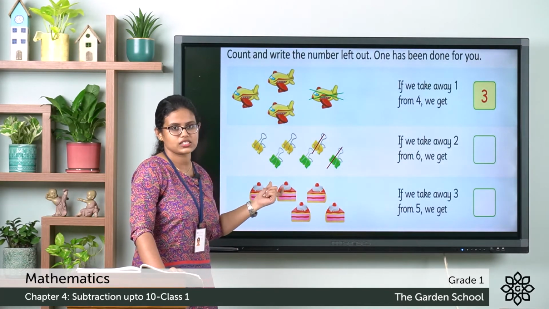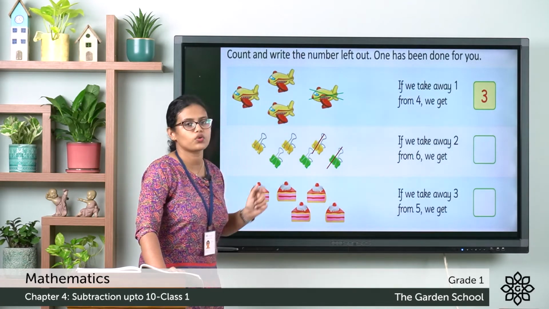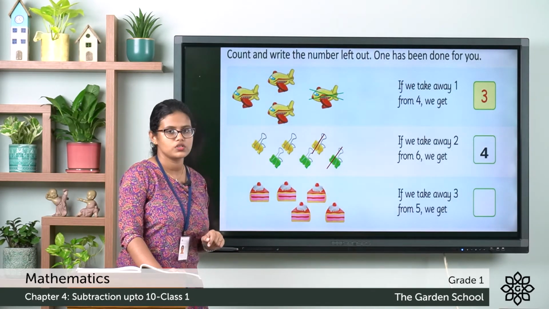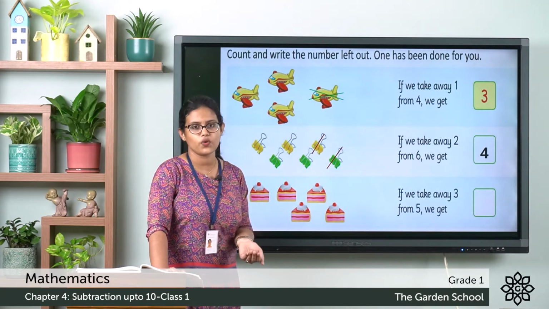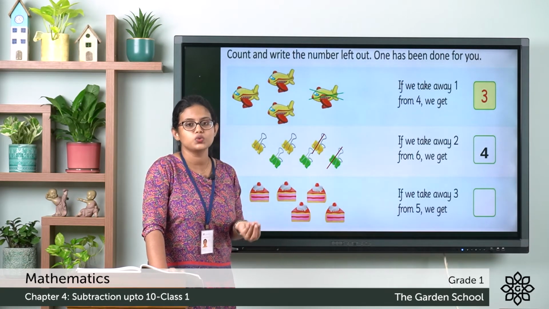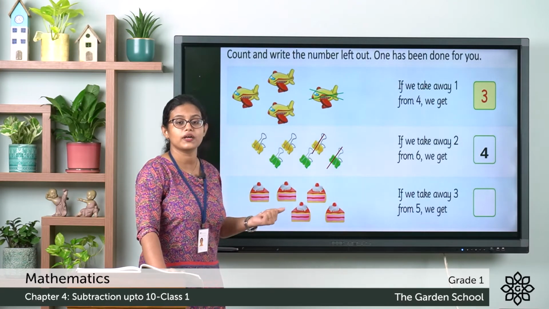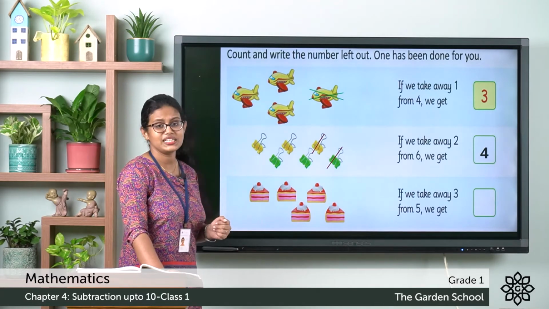See how many are left? 1, 2, 3, 4. Only 4. So what is 6 minus 2? It is 4. When you take away 2 from 6, you have 4. Okay. See the next one.